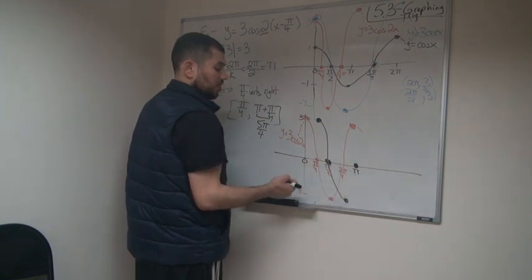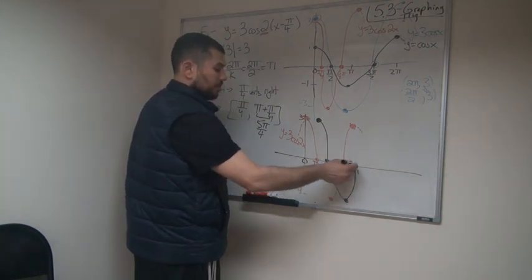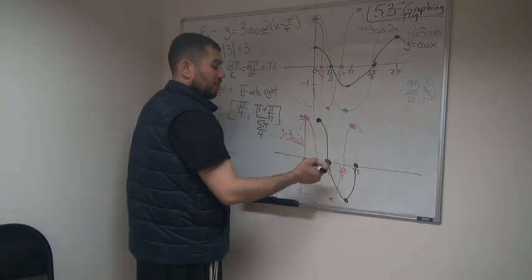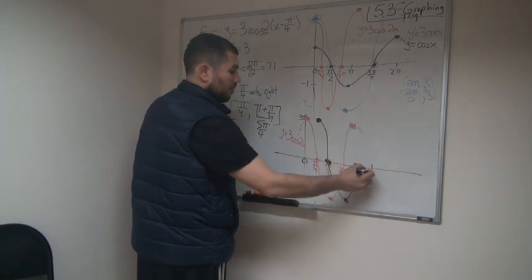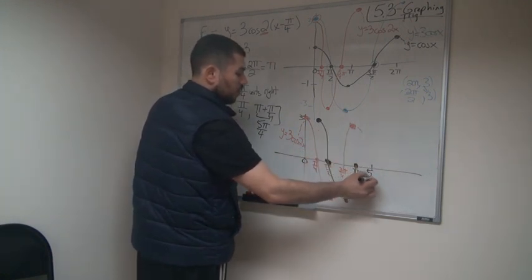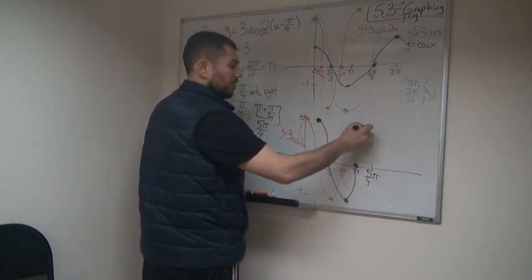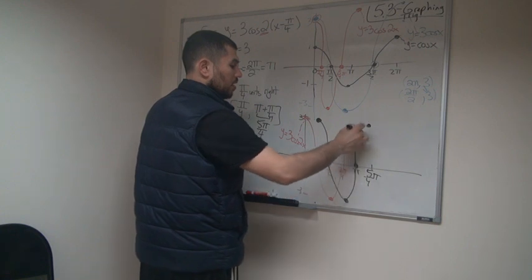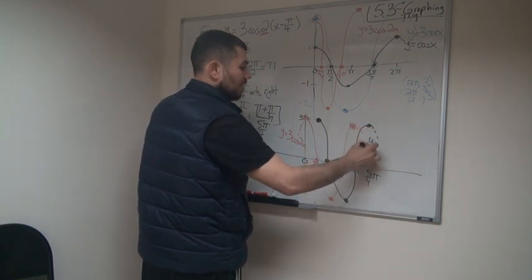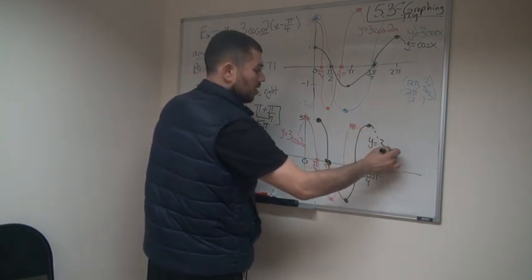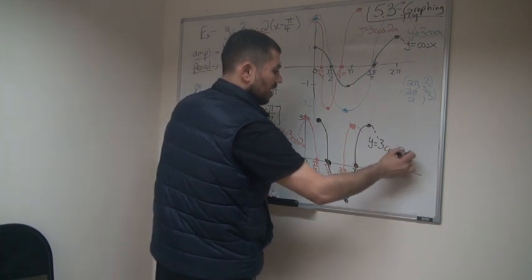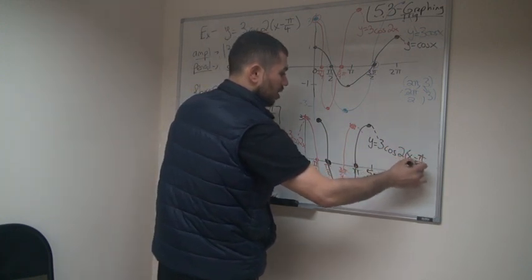Whole pi, 0 instead of 3/4 pi, 0. Now whole pi I had at 3. I'm going to add a quarter of a pi, which gives me 5/4 of a pi. And that's where the full cycle is going to end. 5/4 pi, 3. And that's going to be y equals 3 cosine 2x minus pi over 4.